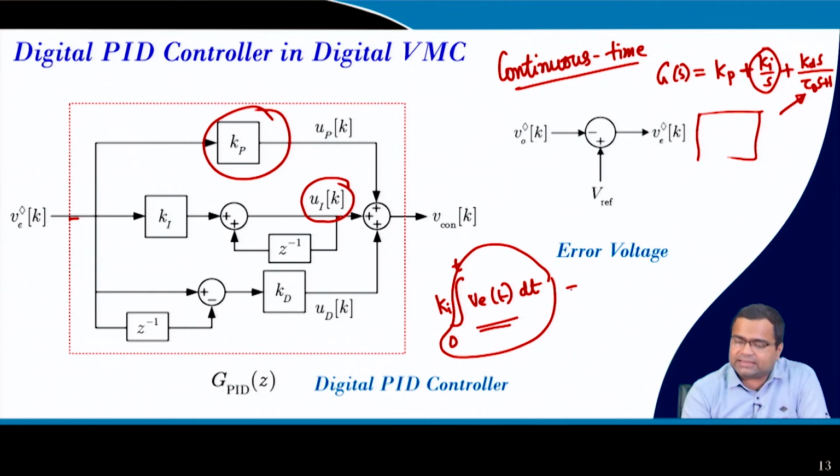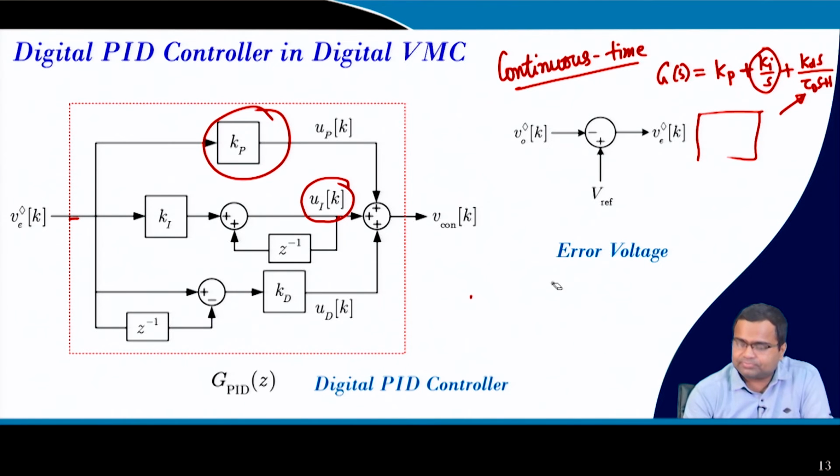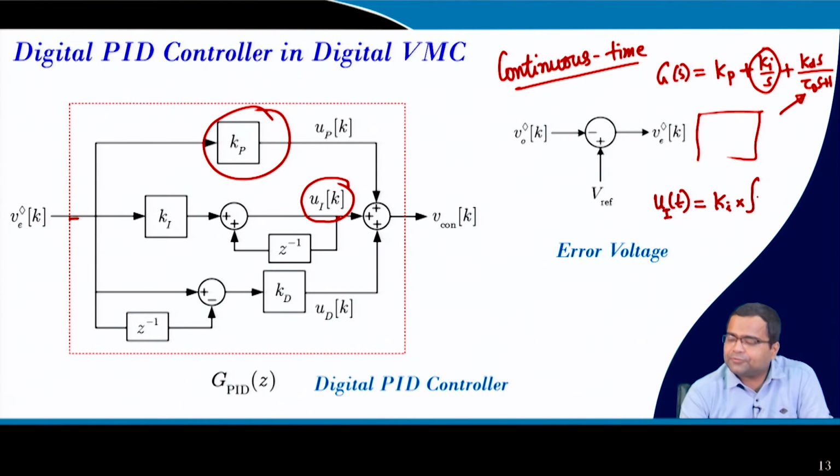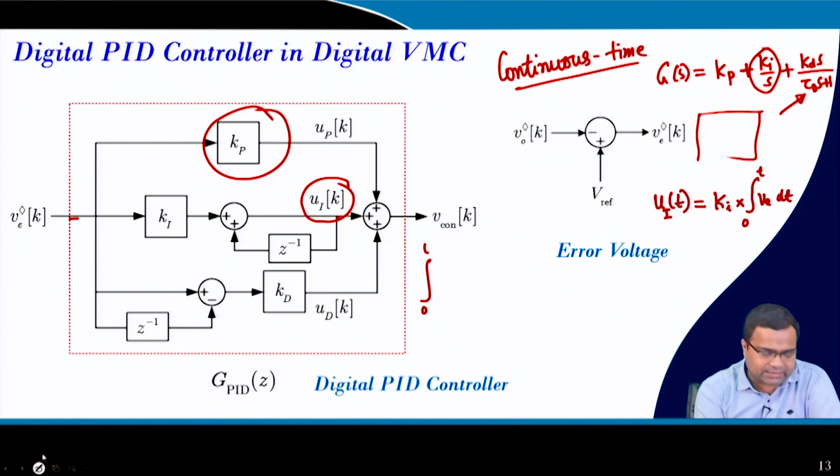Suppose we want to get u of I, the integral action, which is nothing but the analog gain times the integral of v e dt from 0 to t.